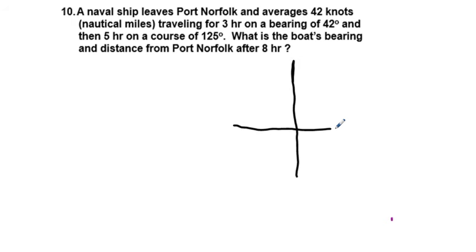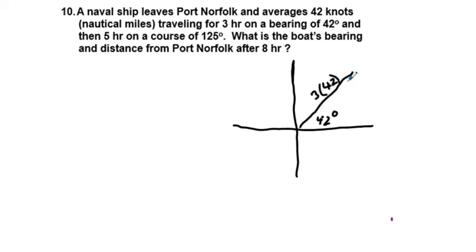Okay, so what that says is if we're traveling for 3 hours at a bearing of 42 degrees, and at 42 knots, this is going to be 42 degrees right here. And the distance is going to be 3 hours times 42 knots, which is sort of nautical miles per hour.